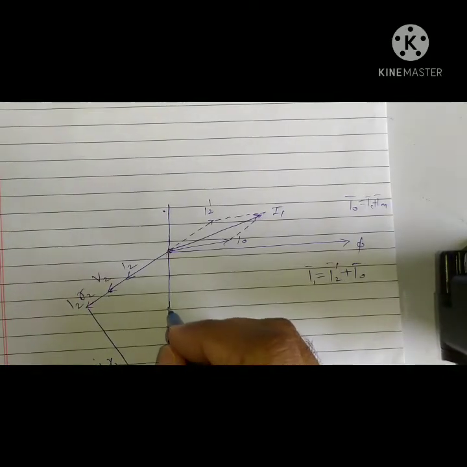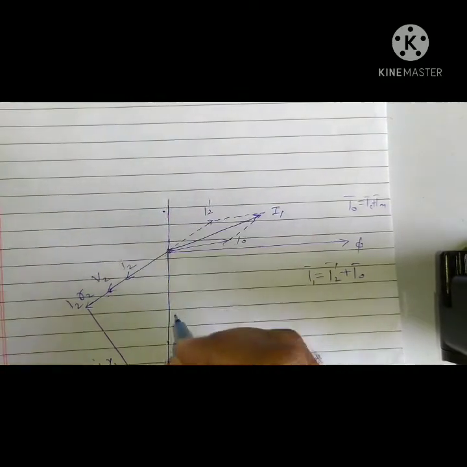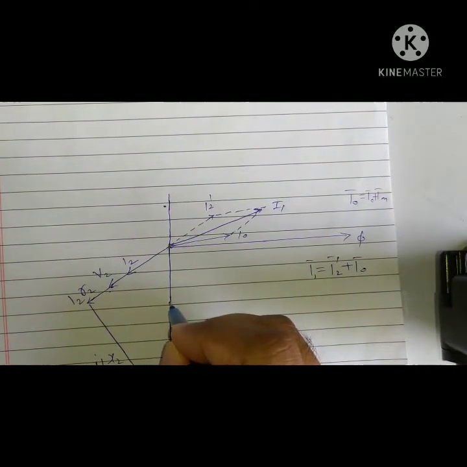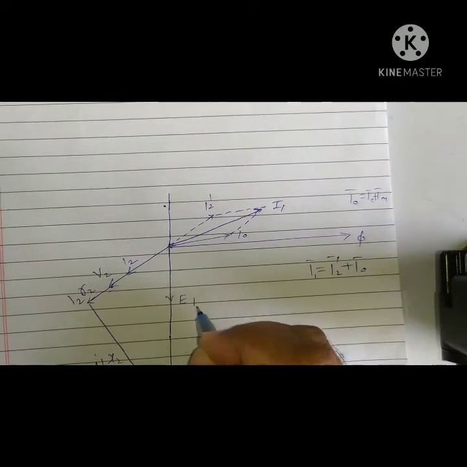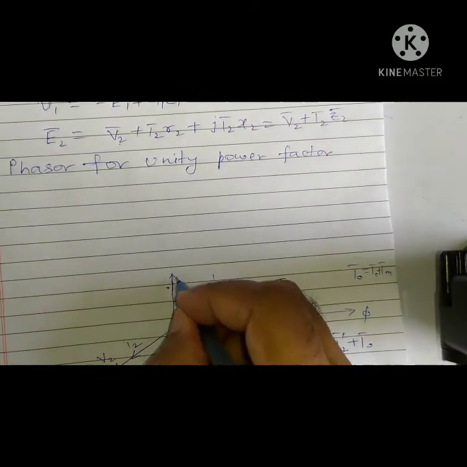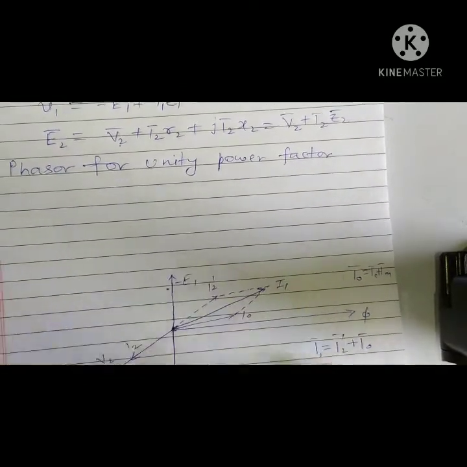And here we have somewhere E1. So this will be antiphase, minus E1.